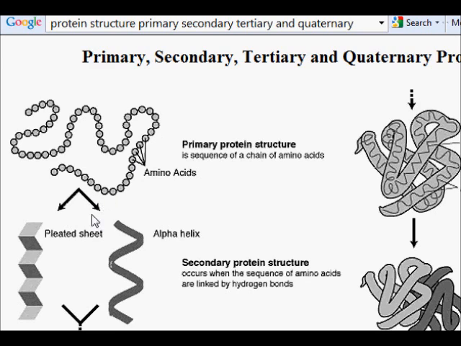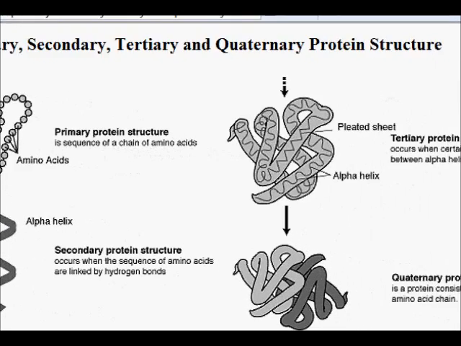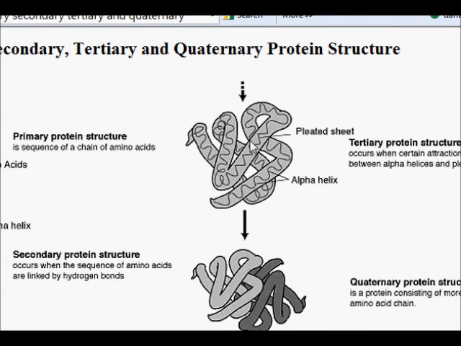Depending on what order they're in, which amino acids you use, which R groups they are, they start folding. They start folding into either pleated sheets, or sometimes they make a little helix. If you zoom out again, they then fold even more. They have these bigger, what we call tertiary structures. It's just the different levels of structure of proteins.